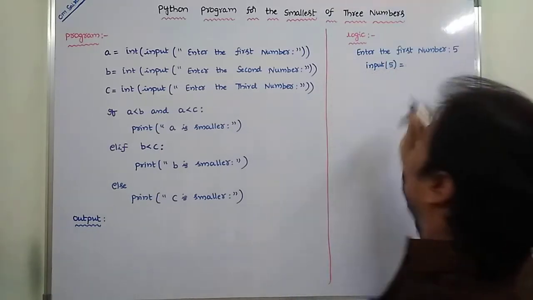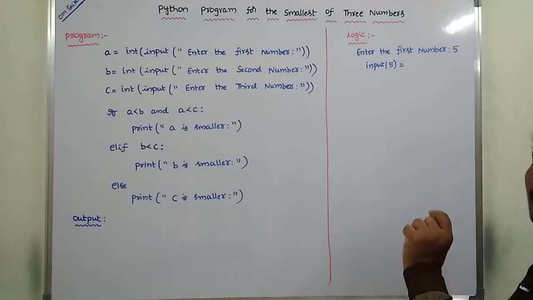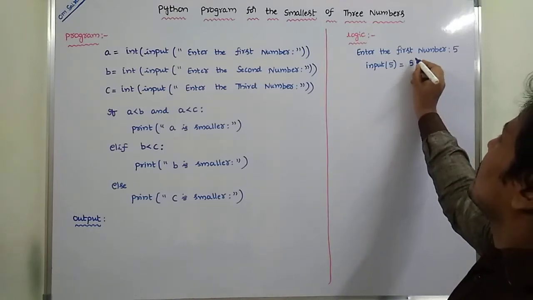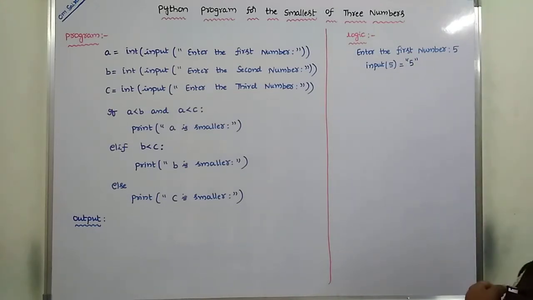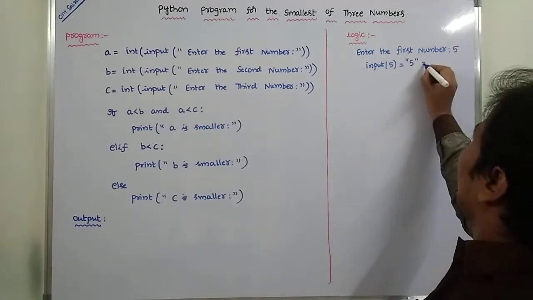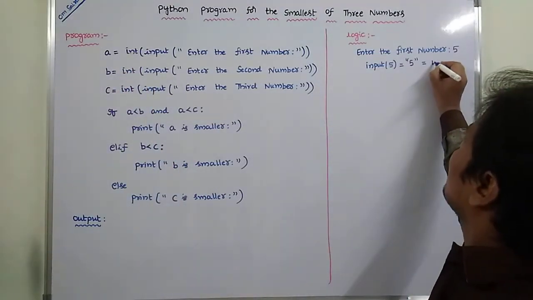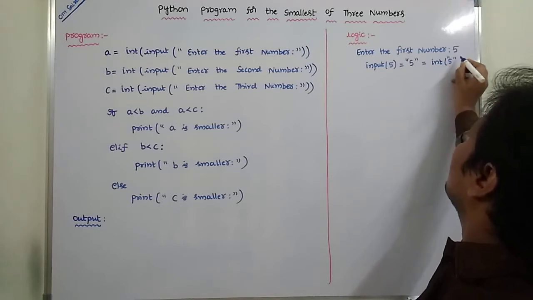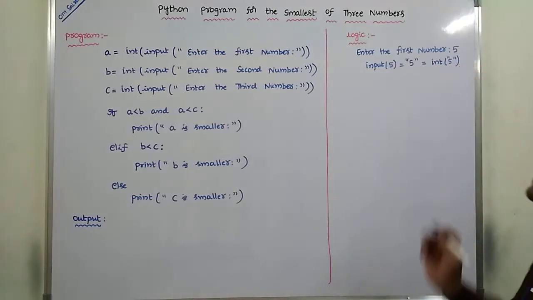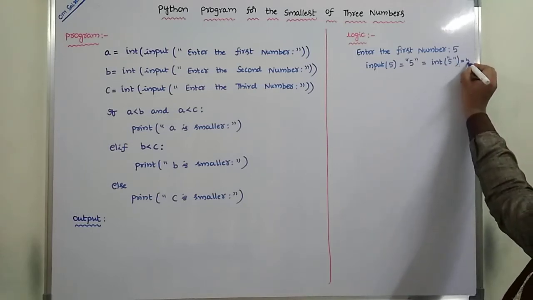This input function reads the input from the keyboard and returns the string 5. A string 5 is nothing but 5 put in double quotes. This string input is typecast using int, so int of string 5 converts the string 5 into integer 5.